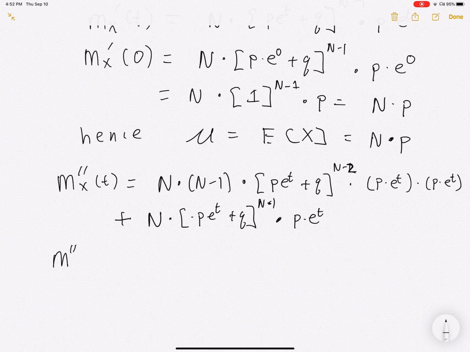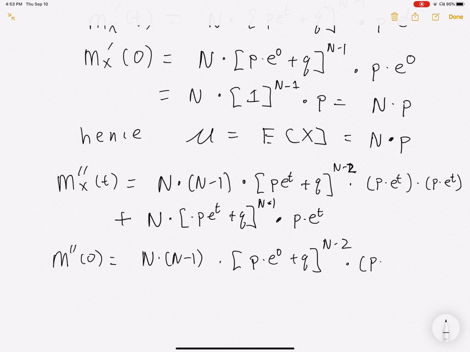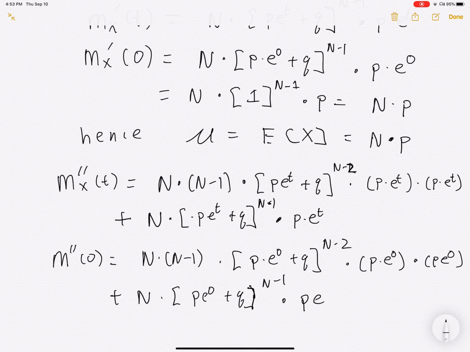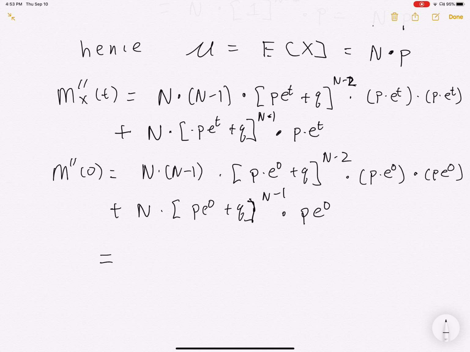Let's evaluate this at 0. Remember, e^0 is 1. So we're going to have n times (n-1) times (p times e^0, that's 1, plus q)^(n-2) times p times e^0 times p e^0, plus n times (p e^0 + q)^(n-1) times p e^0. Now let's do a bunch of simplifying here.